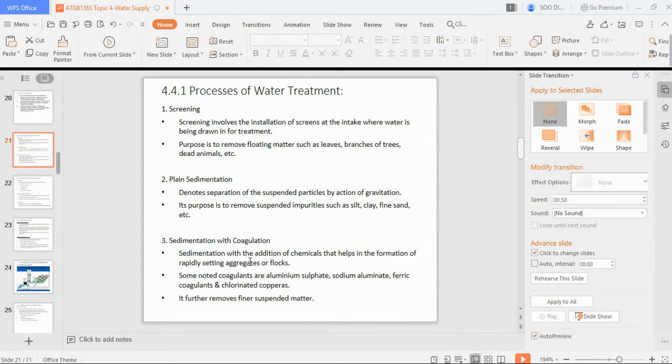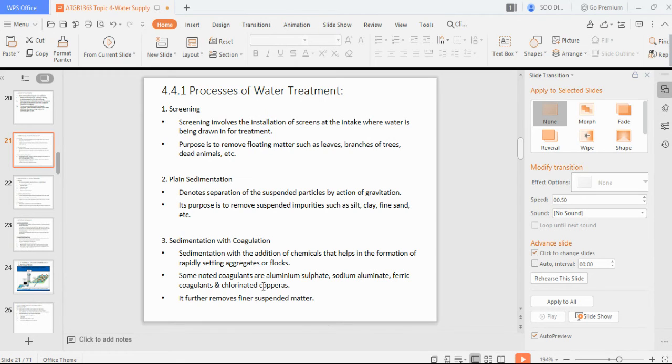And then for the third one, this is to further and rapidly remove even finer inorganic material which cannot be removed via gravity. So for this method, sedimentation with coagulation, we have to use the help of chemicals to bind onto the floating inorganic suspended material, which is very fine and takes a very long time to settle down.